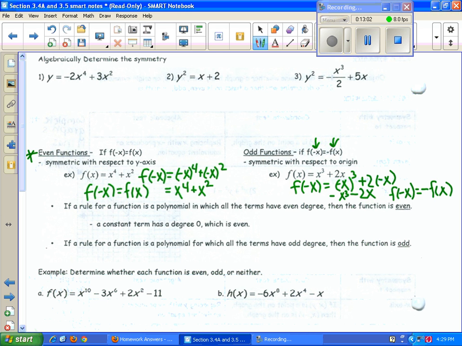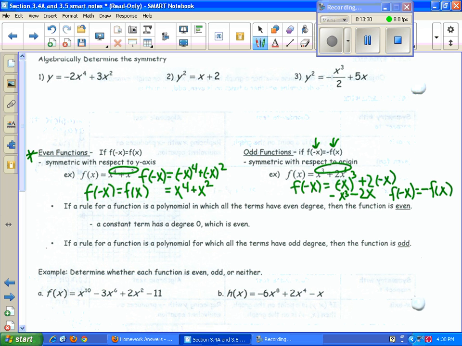This would mean that we would have symmetry with respect to the origin, and it would be an odd function. And an easier way to look at this is to look at the powers of your equation. If you have all even powers, it's an even function, and even functions always have symmetry with respect to the y-axis. If you have odd powers, and one is this power for x to the first power, then you would have an odd function, which makes sense.